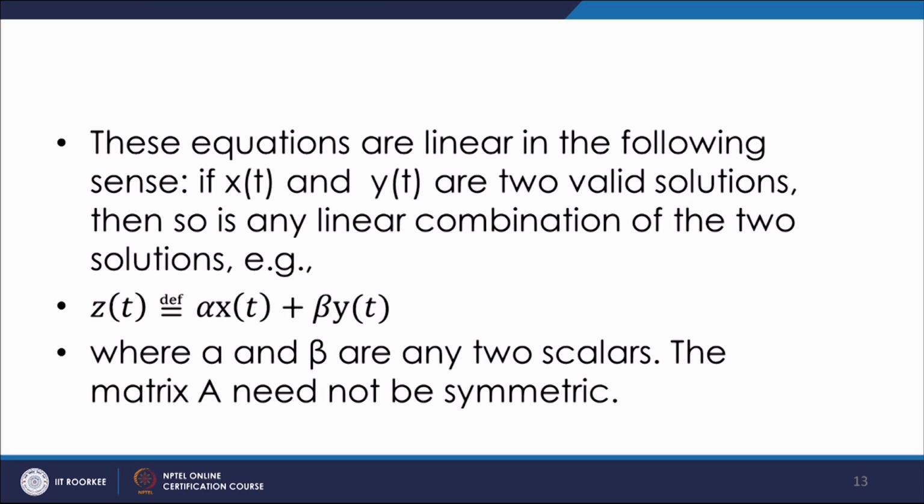That is, if x(t) and y(t) are two valid solutions, then z(t), defined as alpha times x(t) plus beta times y(t), where alpha and beta are two scalars, is also a solution. And note that the matrix A, which I defined earlier, need not be symmetric.